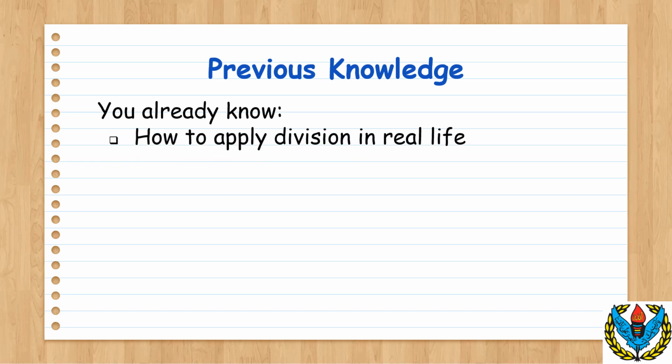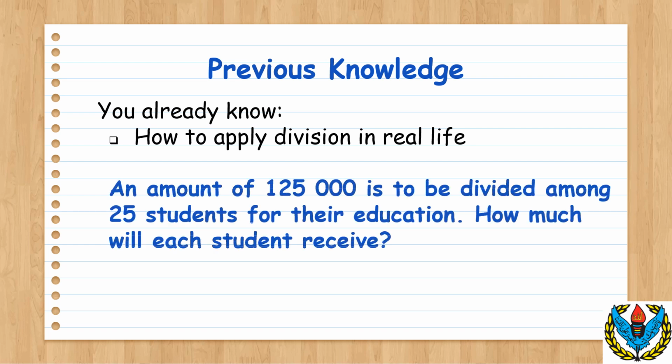You also know how to apply division in real life. Let's say an amount of 125,000 is to be divided among 25 students for their education. How much will each student receive? Look closely. You are given a large amount, and that large amount is to be divided among 25 students.